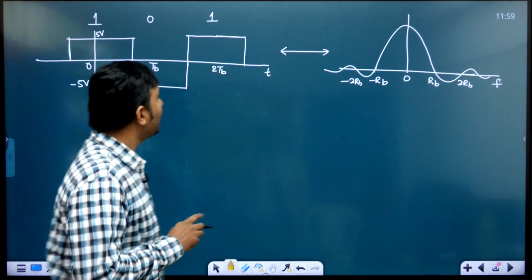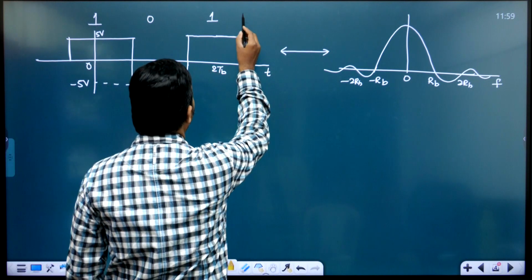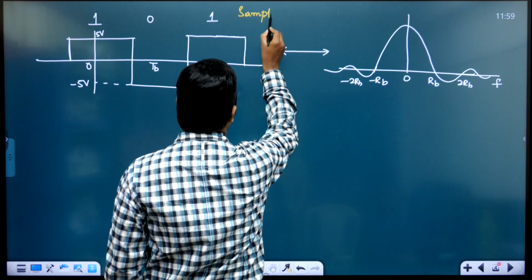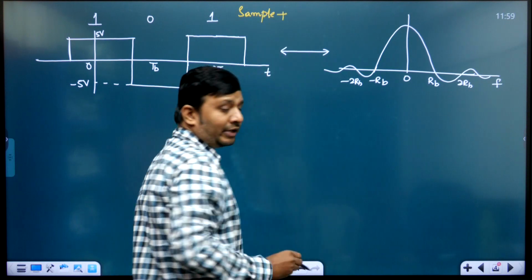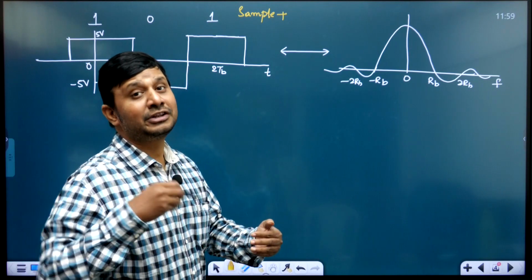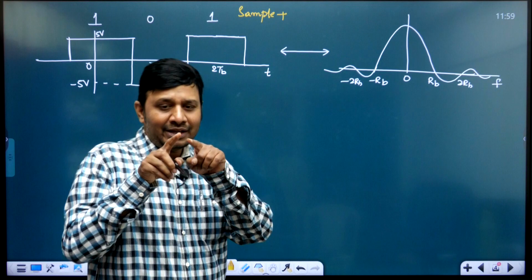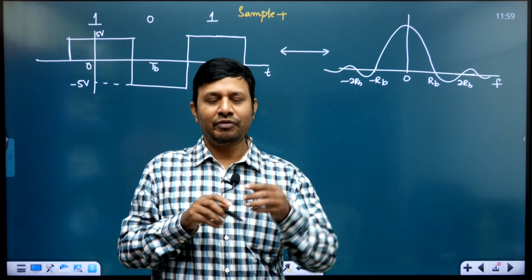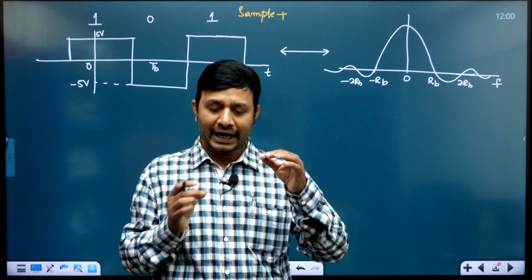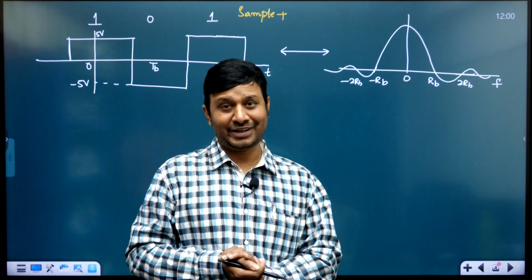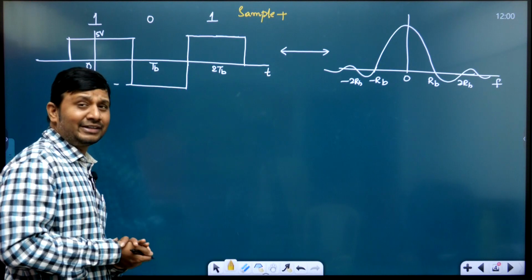At the receiver, what we are going to do is sample the received pulse, and after sampling we will compare the sampled value with the threshold value. There will be one more block known as the threshold comparator. And what is the threshold value?